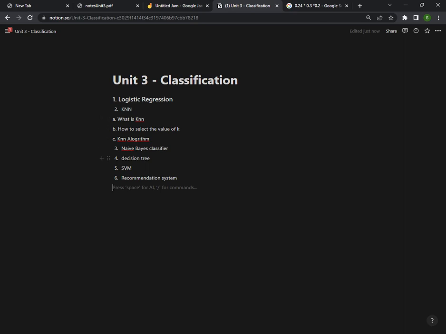And then we have seen the naive Bayes classifier, decision tree, support vector machine, and recommendation system. In the next session, we are going to study unit 4, that is clustering. We are going to learn about it completely in an entire session, and we are going to finish unit number 4.